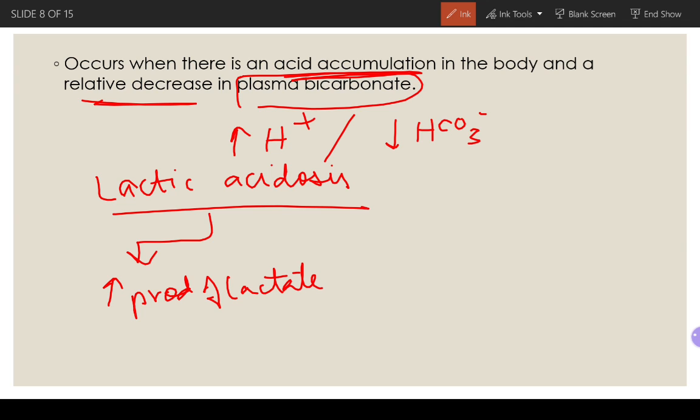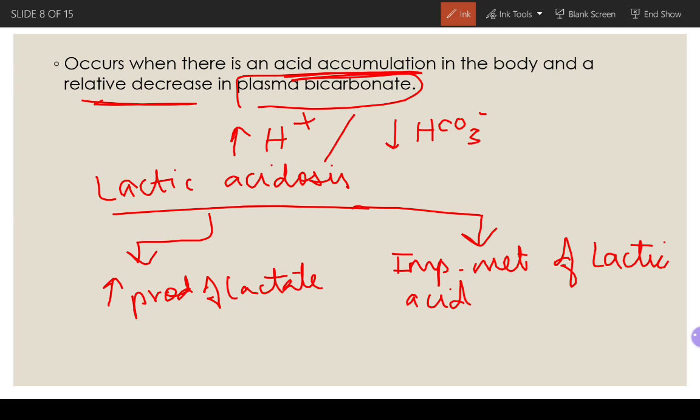The increased production of lactate can be due to hypoxia in your systemic body. So it can be due to tissue hypoxia, and there will be a peripheral generation of lactate, like in patients with circulatory failure and shock. Another type of lactic acidosis is where there will be impaired metabolism of lactic acid.